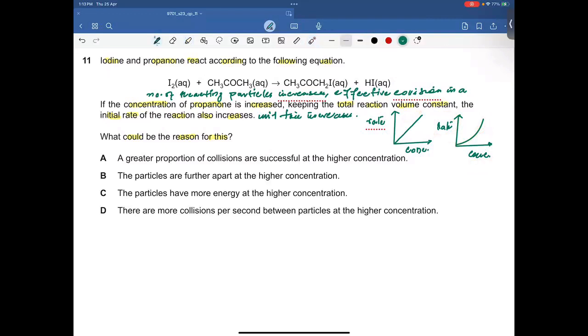Obviously, option B is incorrect because when concentration increases, particles become closer together. Particles are closer together at higher concentration, not moving apart.